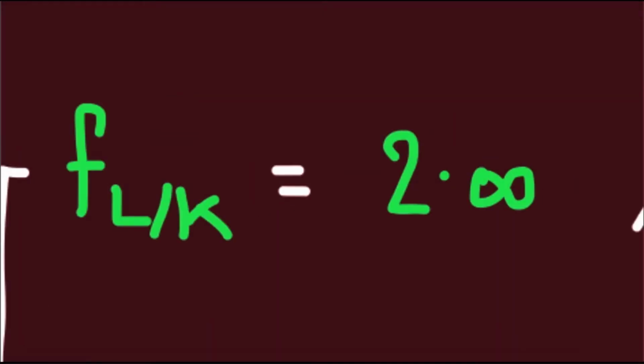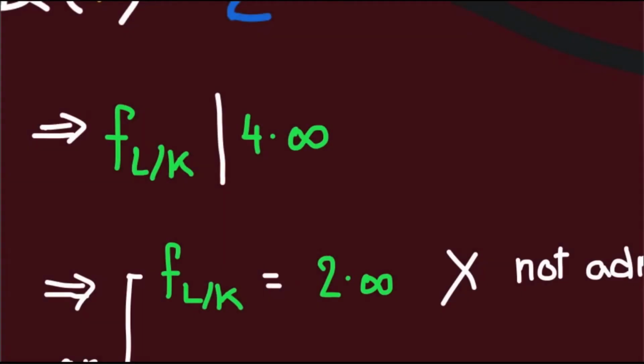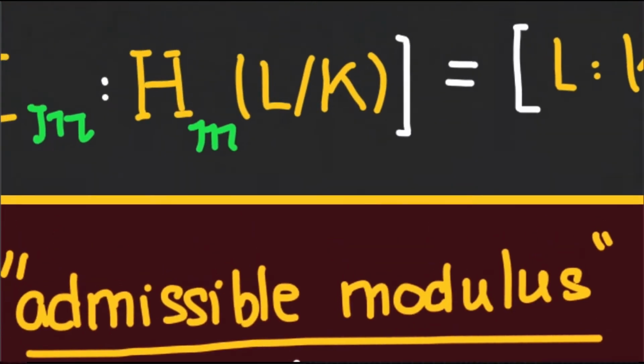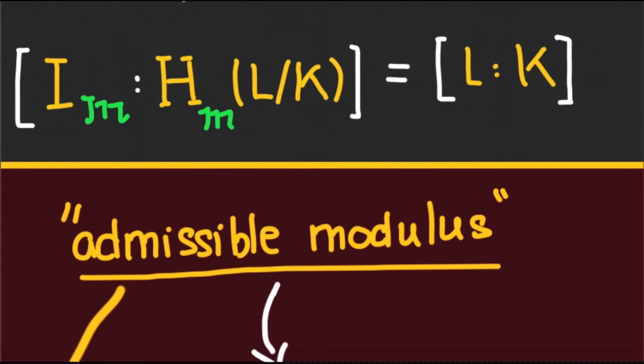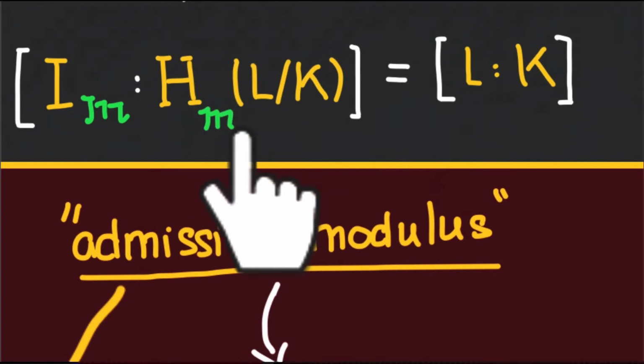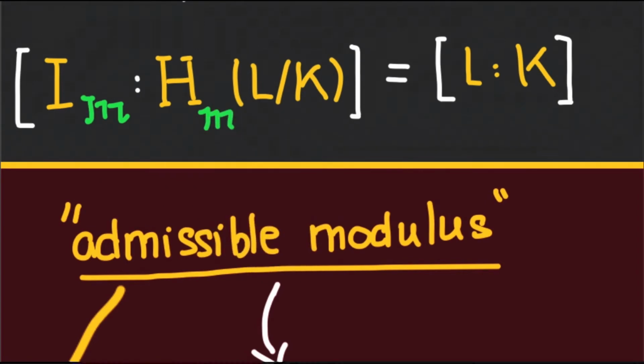For the conductor to be 2 times the infinite prime, this modulus has to be first of all admissible. In other words, we must have that the degree of L over K, Q(i) over Q, must be equal to the index of the norm subgroup with respect to the modulus m inside I_m.